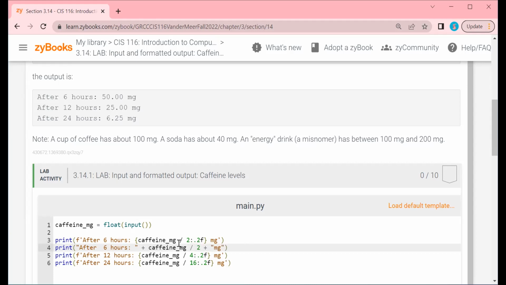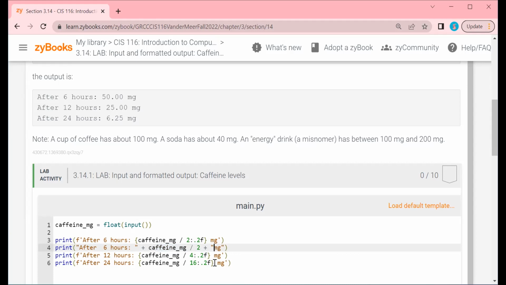Well, it is, yeah. So this would just say 100 divided by 2. So that would just come out as 50. Okay. It just wouldn't format it as 50.00. Oh, okay. But it would still be in the middle of my sentence.